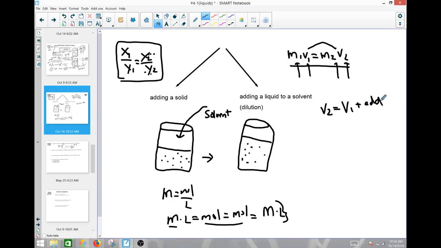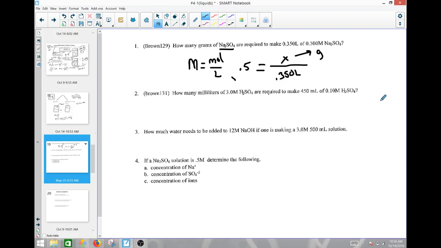Okay, so let's go back to that next problem and see if we can use this on this problem. All right, so how many milliliters of this? This is my high concentration. So they want to know the volume of this stuff required to make this volume of this stuff. So notice we're going from a high concentration to a low concentration.